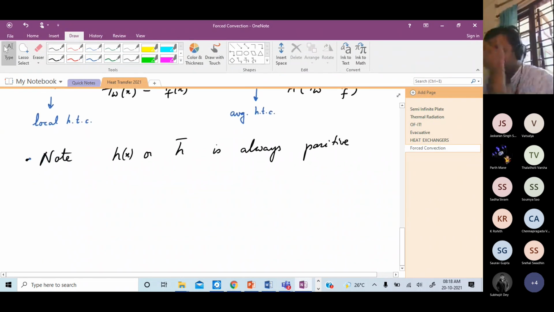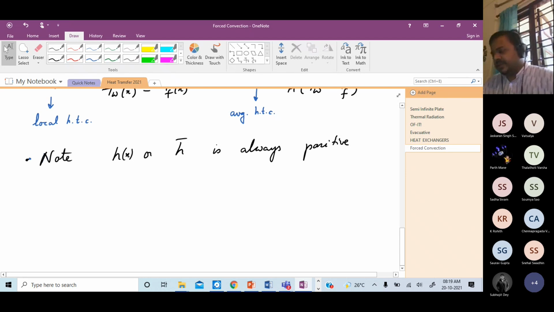And once again, as I said, our goal in terms of convective heat transfer is essentially to find an expression for this h, heat transfer coefficient. What does it depend on? If I ask you right now what the heat transfer coefficient should be dependent on, what are the parameters?